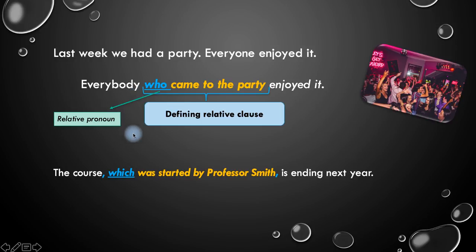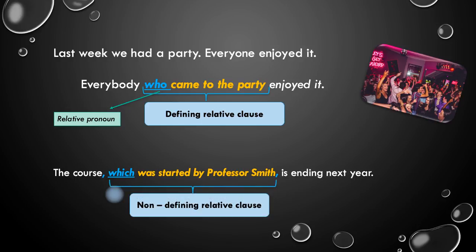One more example. The course, which was started by Professor Smith, is ending next year. Which was started by Professor Smith is a non-defining relative clause. Now, why is it called non-defining? Because it does not define the noun which comes before that.